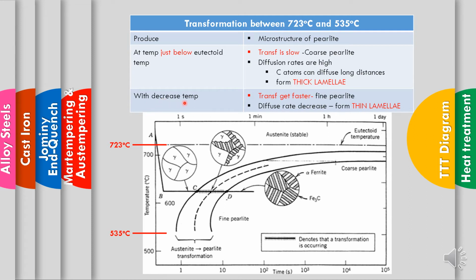So with decreasing temperature, the transformation gets faster. From here a very slow rate, and then it becomes a higher rate in this area. Then we can see fine pearlite produced, and the diffusion rate is decreased, so a thin lamella is produced in this section. Later on we will see the transformation between 535 and below.